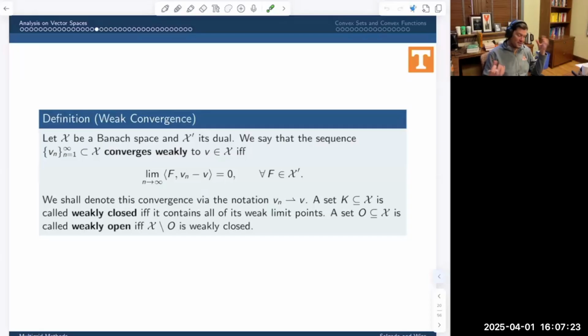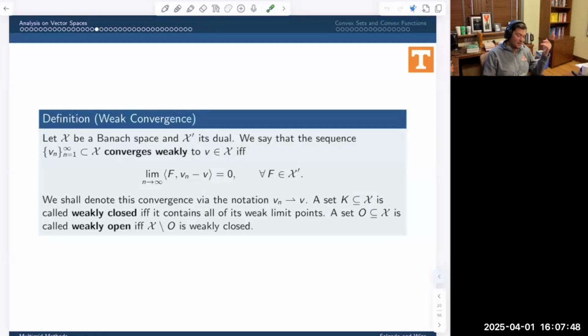So what does it mean to do analysis on vector spaces? It means we want to try to understand concepts like continuity, convexity, minimization, differentiation for functions that are mappings from Banach spaces into other Banach spaces.